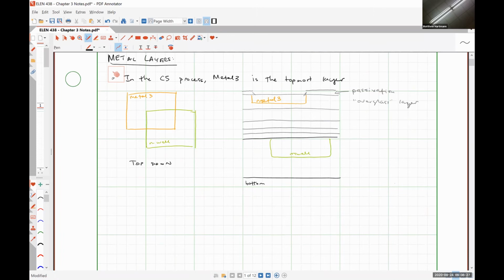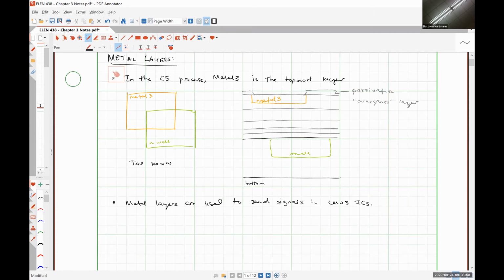All right. So metal layers are used to send, not sing, signals in CMOS ICs.